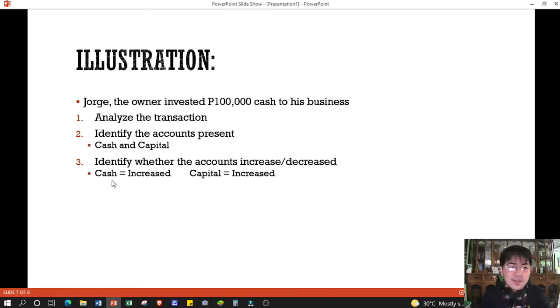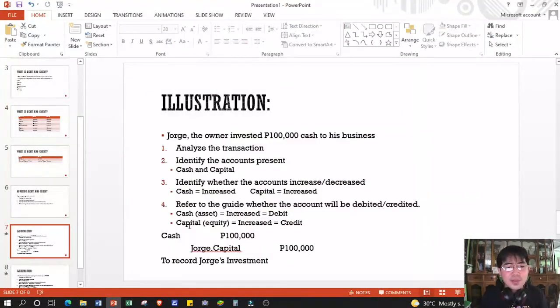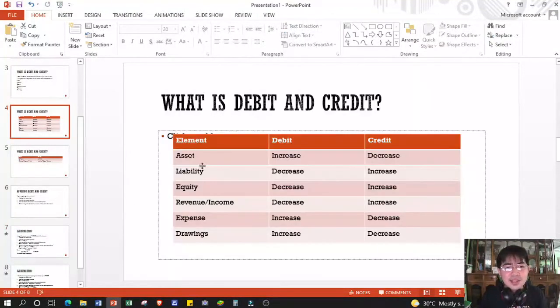And since na-identify naman nato unsa nga account and unsa ang effect, then if we go back to our kodigo, by the way, cash is an asset. So asset man daw siya tapos nadungagan, therefore debit. And the other thing is capital. Capital is an equity account tapos nadungagan po daw siya, then credit.